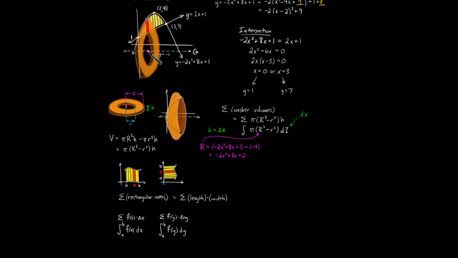And the y-coordinate down here, well, that's always negative 1. You can think of that as in terms of x or in terms of y, depending on what you need. So big R, which is the difference of these two, should be negative 2x squared plus 8x plus 1, the y-coordinate of the top, minus the y-coordinate of the bottom, which is negative 1. And then, of course, we simplify that.